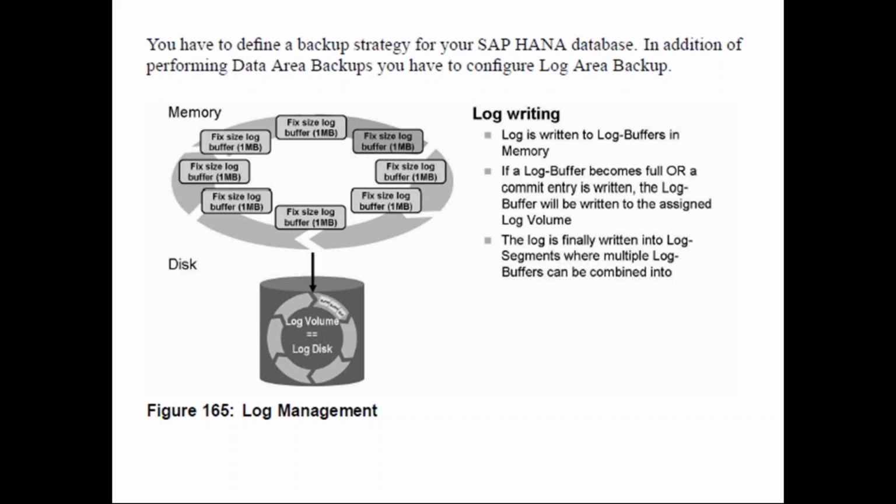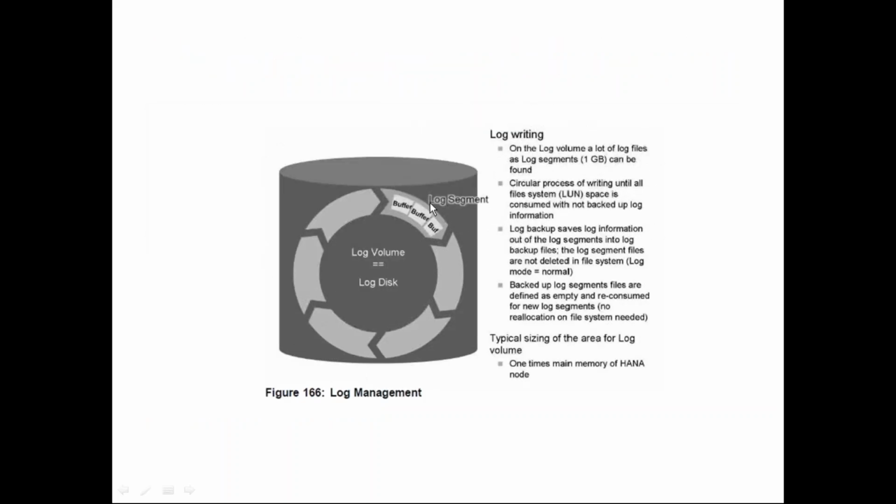Doesn't matter. Once the transaction is committed, the data will be written into this log segment in the log area. This is your log segment where your log buffers are written. It will keep on writing into that segment. This is a continuous process when you're doing transactions.